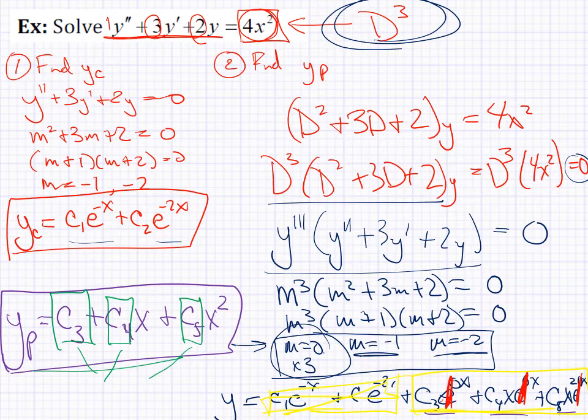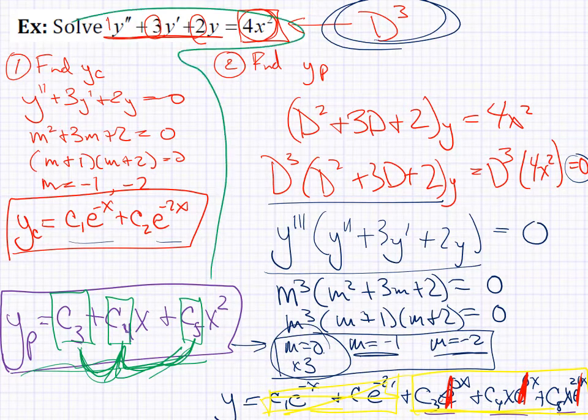So I need to find C3, C4, C5. That's why this is only the form of the particular solution and not the actual particular solution. So the undetermined coefficients are C3, C4, C5 that we need to now solve. That's why they call this undetermined coefficients. And once we find the values for which this will be a solution to the differential equation, we combine y sub c and y sub p and we get our full solution.